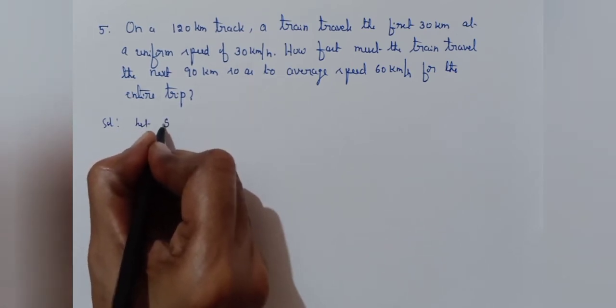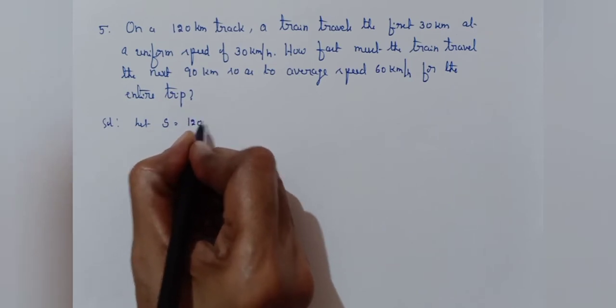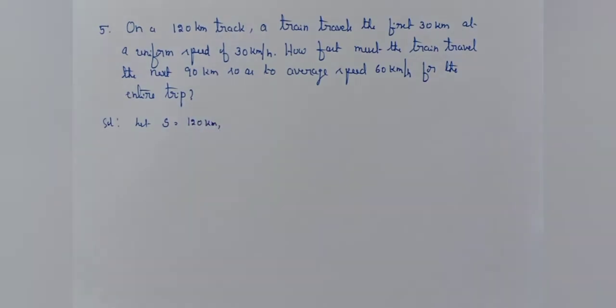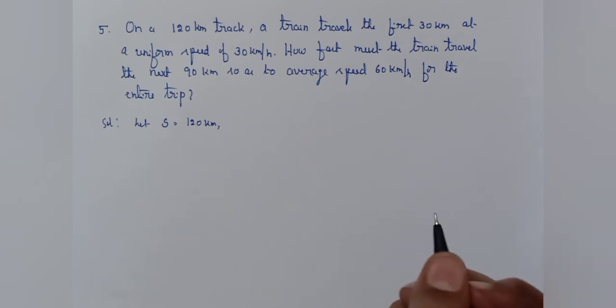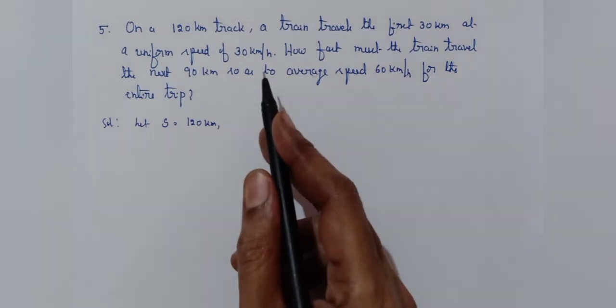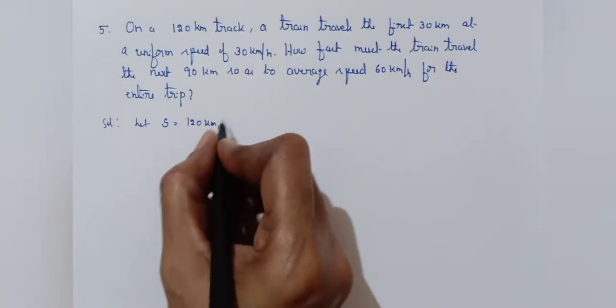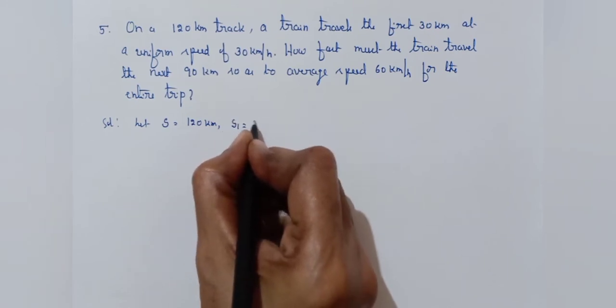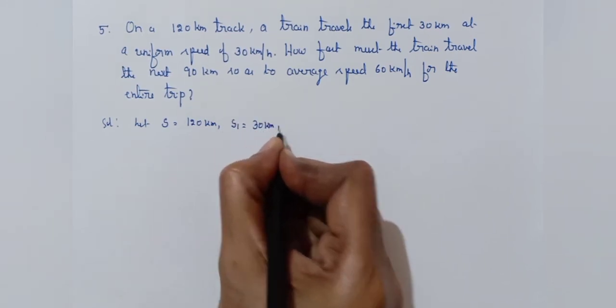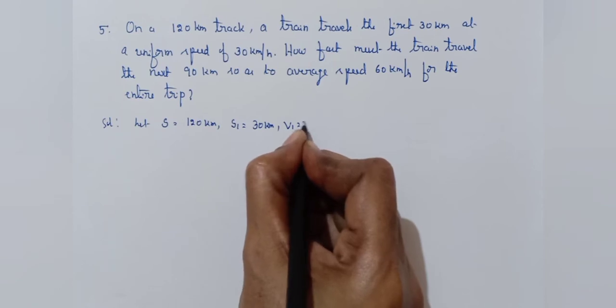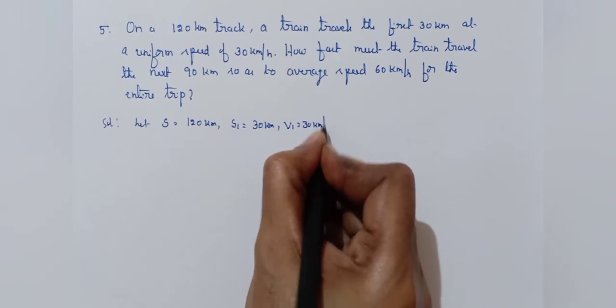Let S is equal to 120 kilometer, and a train travels the first 30 kilometer at a speed of 30 kilometer per hour. So let S1 is equal to 30 kilometer and V1 is equal to 30 kilometer per hour.